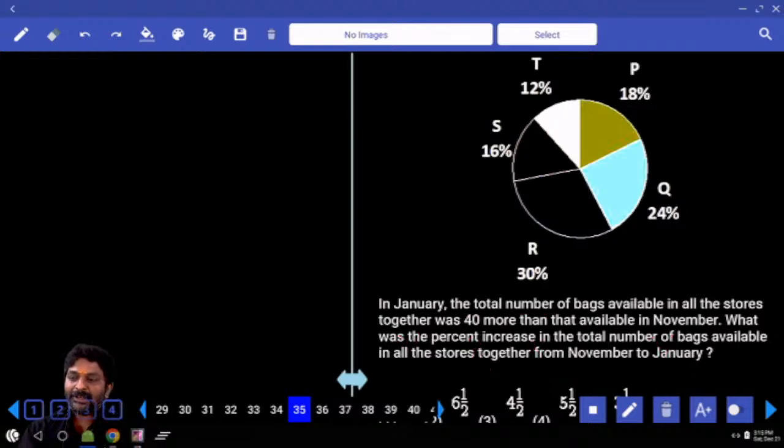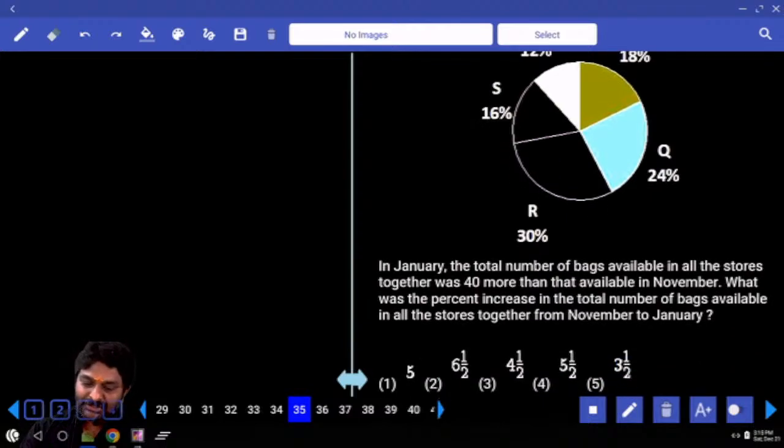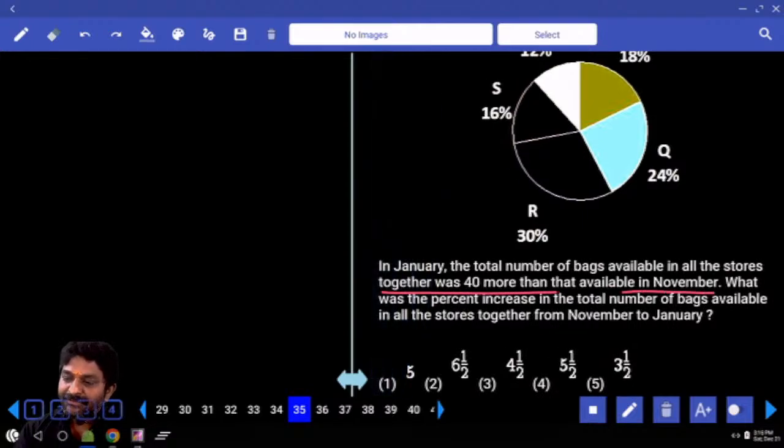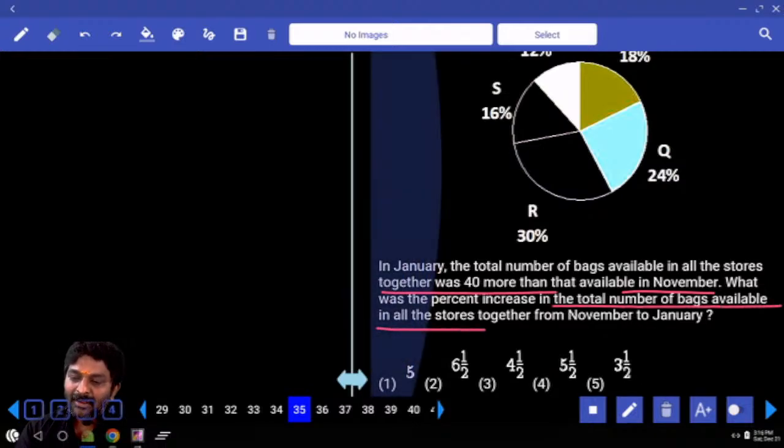In January, the total number of bags available in all stores together was 40 more than that available in November. What was the percentage increase in total number of bags available in all the stores together from November to January? In January, bags are 40 more than that of November.